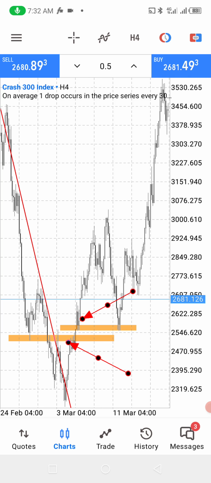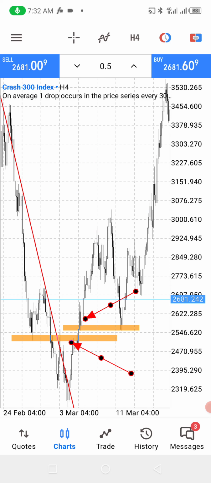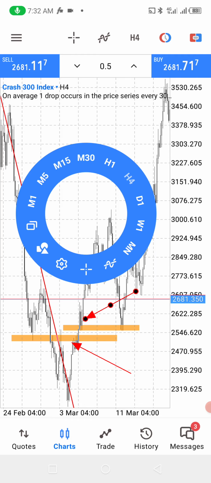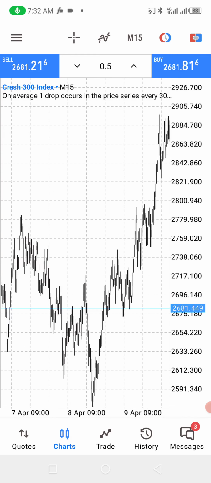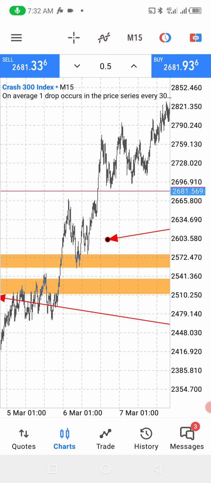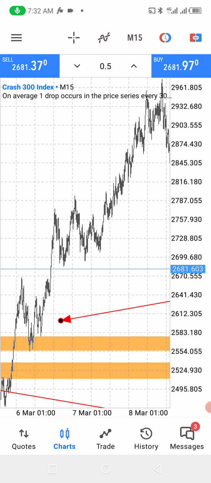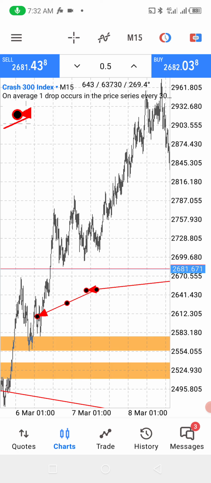How do you enter? You go to the 15 minutes time frame and look for break of structure. Let's go there. So this is where you should be looking for entry.